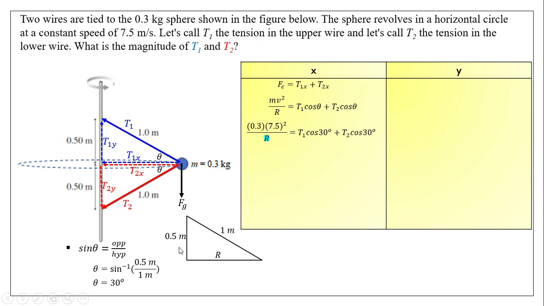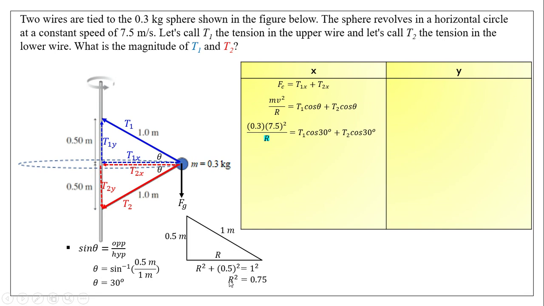But I'm just going to do Pythagorean theorem here because I know the two legs, the opposite leg and the hypotenuse. So to find r, all you have to do is do r squared plus 0.5 squared equals 1 squared. So a squared plus b squared equals c squared. So here's r squared plus 0.5 squared equals c squared, c being the hypotenuse, which is just 1 in this case. And if you simplify this, 0.5 squared is 0.25, and then I got to subtract it on both sides to get r squared by itself.